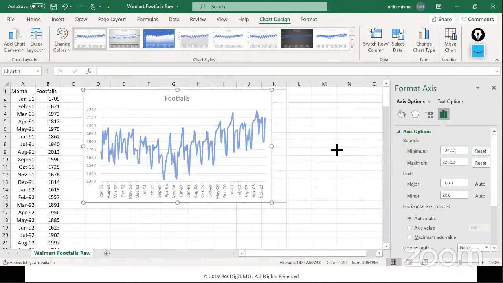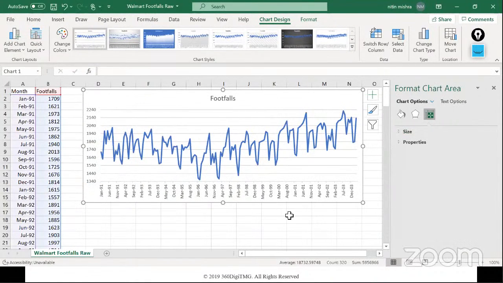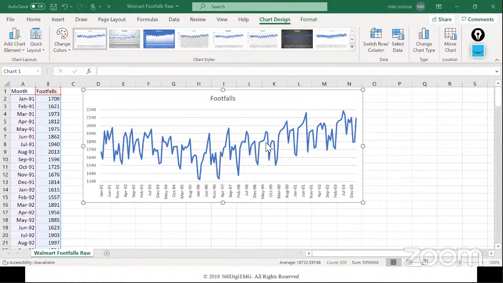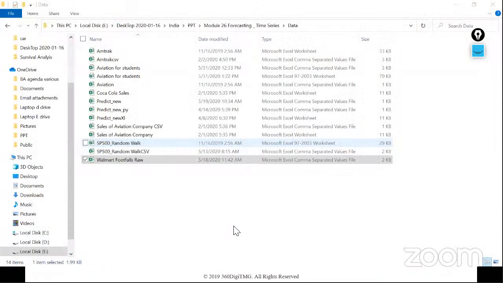All right. Nice visualization. You have the nice up, down, up, down. I think we can probably go ahead with this. All right, so this is the data. We have seen it, and let me close this without saving it.